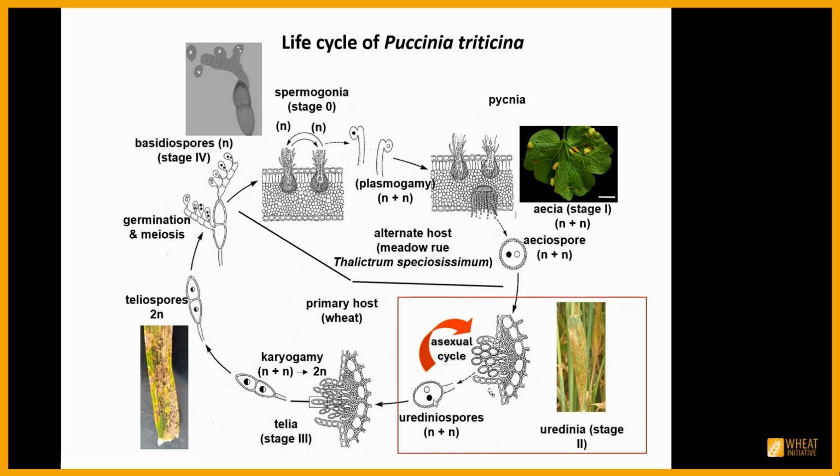So 2 separate nuclei are maintained throughout the life cycle, except for when teliospores are formed, and upon the germination of those, it goes through meiosis and forms haploid progeny, which infect the alternate host.